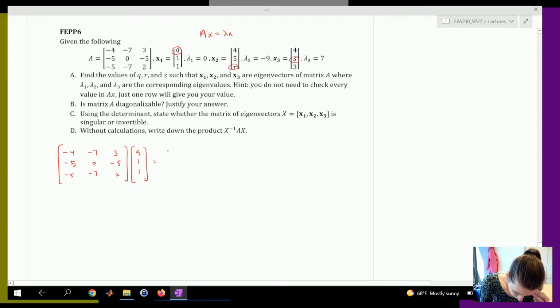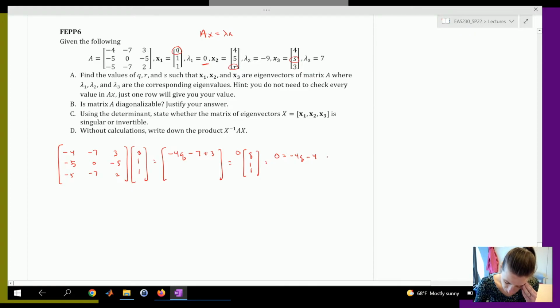For the first one, that should be equal to 0 times this vector, so I don't really need to multiply all of these. I just need to do my first row and first column. So negative 4q minus 7 plus 3 should equal 0 times q11. So essentially, 0 equals negative 4q minus 4, therefore q equals negative 1.